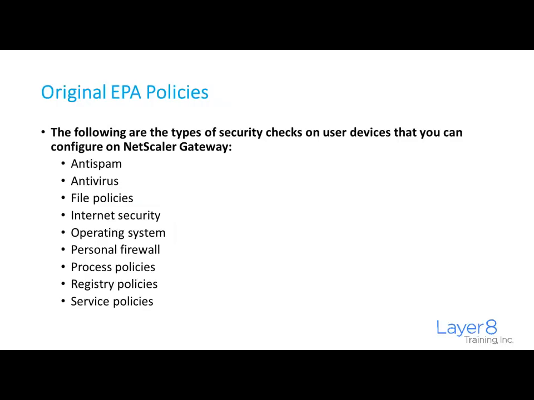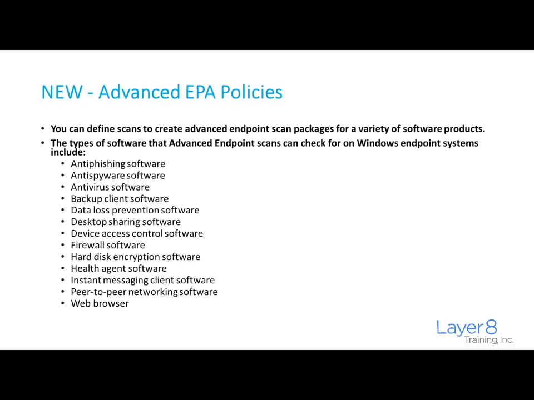And so what I can do is go in and look for certain things. What they've done now in the 10.5 version of the code is enhance that list of certain things. Sure, I want to look for your operating system or a registry setting or a file. Now I can look for, do you have backup software? Do you have data loss prevention software? Do you have desktop sharing software? Some of these may not be things that I want you to have.